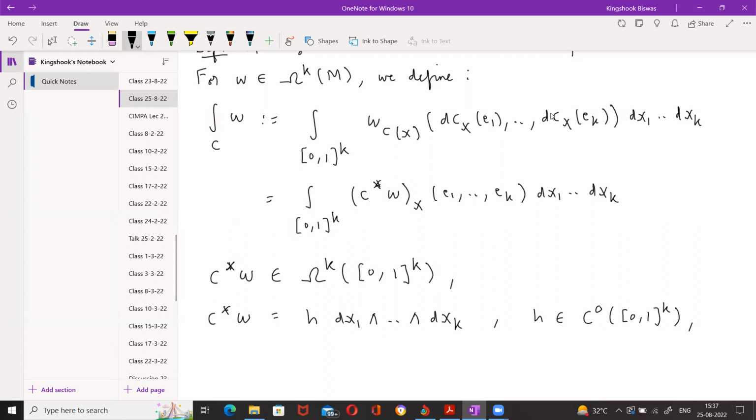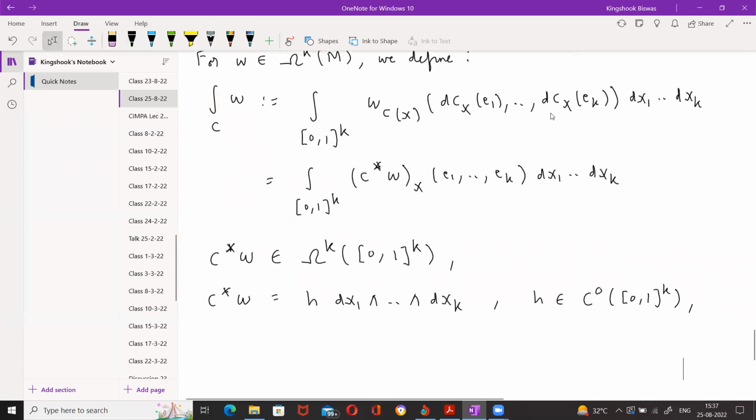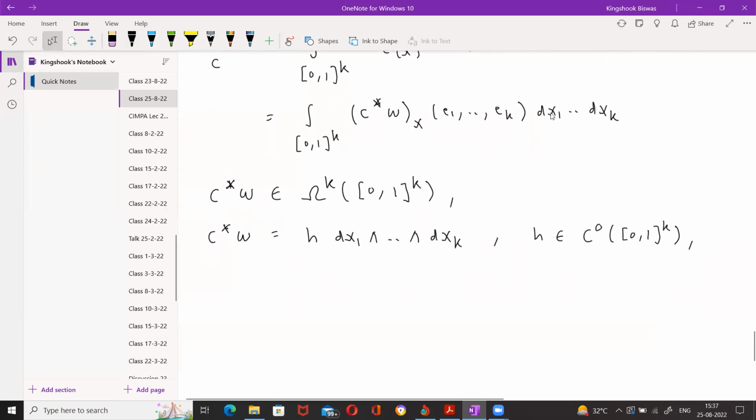And how do I get this function h? I take a point x in the cube, look at the vectors e1 to ek at x, and apply both sides to those basis vectors.